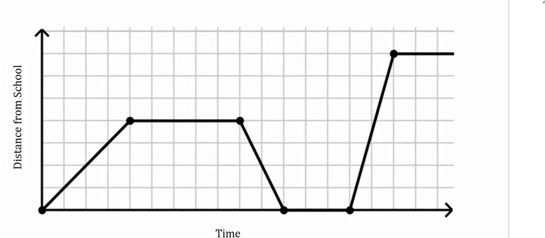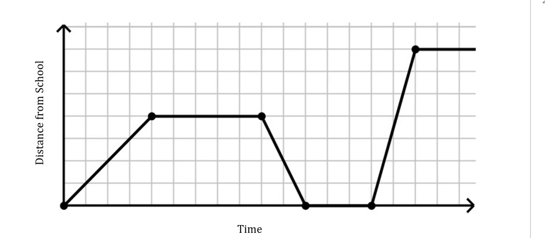Okay, so we're going to mark up this graph and talk about some things. Distance from school, that means this is school. Because when it's 0 distance from school, I'm at school.